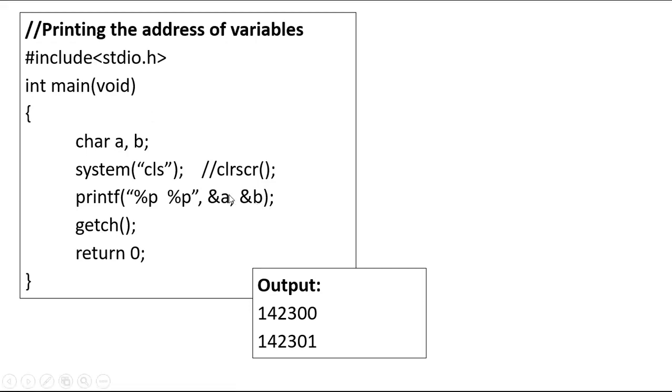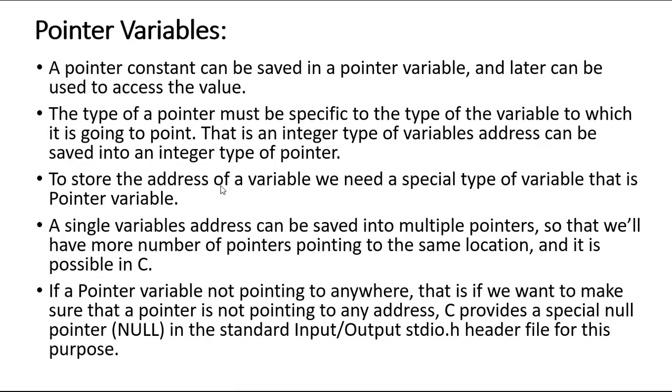Pointer variables, we have already seen how we can declare. See, an uninitialized pointer variable will hold some garbage value. That garbage value will make it point to some garbage memory location. To avoid that, we make the pointer null so that it will not point to any memory location.